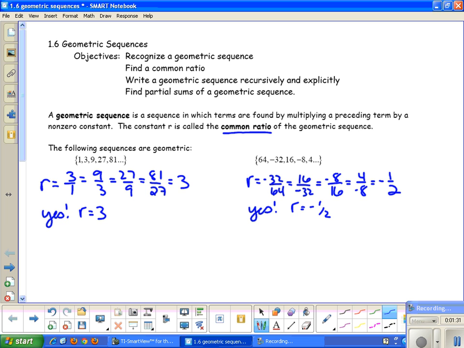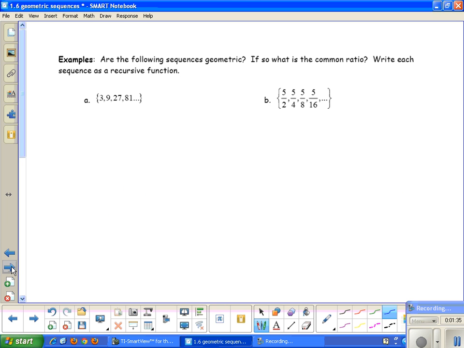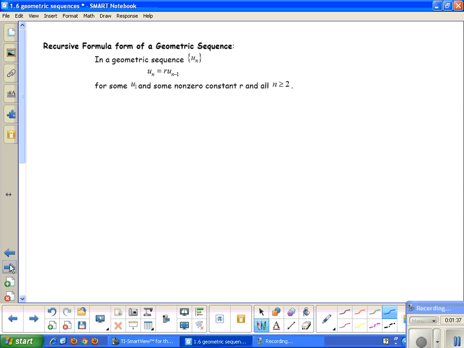So let's go down a little bit and look at the formulas that we have. A recursive formula for a geometric sequence is what we're going to look at next. Just like arithmetic sequences, to write a recursive formula you have two parts.